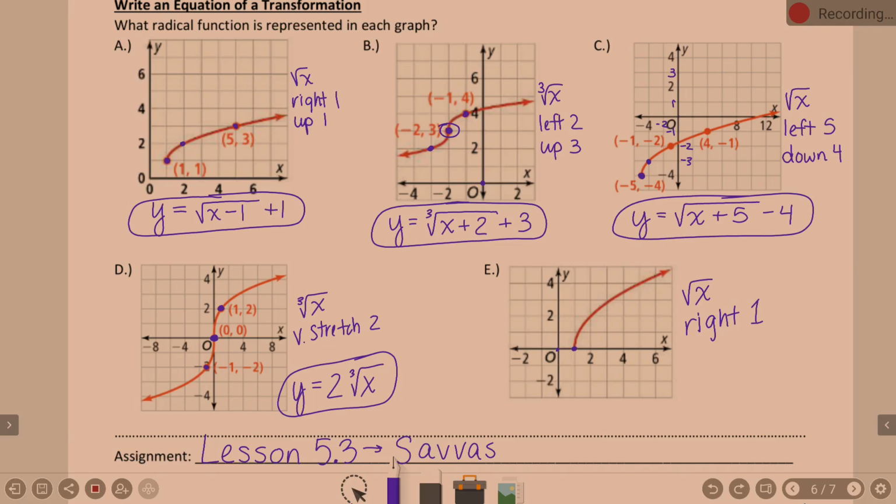Over 1, up 2. If it goes over 1, up 2, and it's only supposed to go up 1, what just happened? Yeah, this is a vertical stretch by a factor of 2 again. So, equation, y equals, vertical stretch of 2 goes out front, times the square root of x, minus 1 for a right 1.